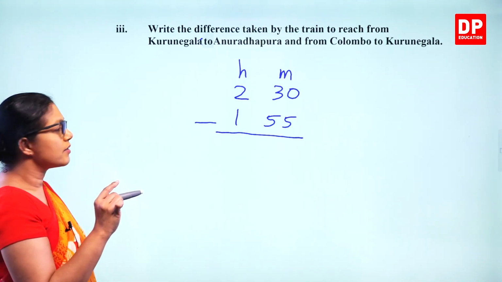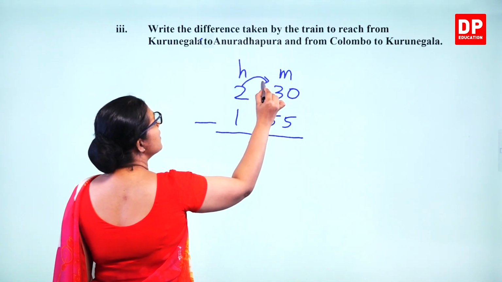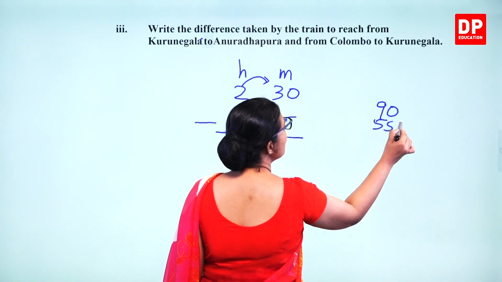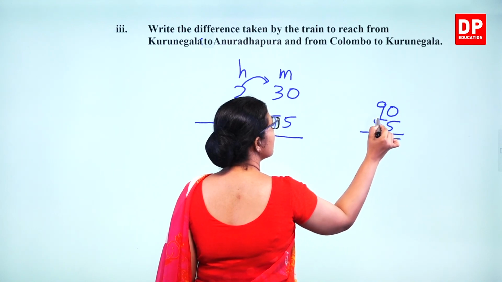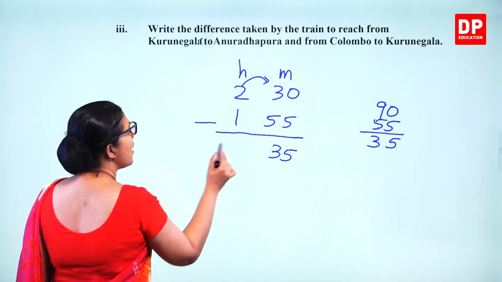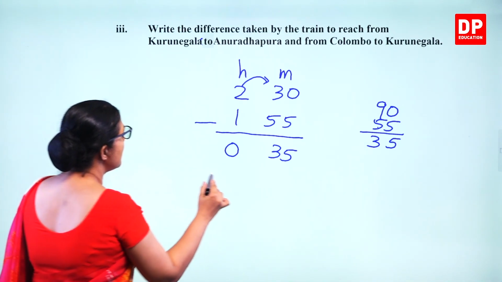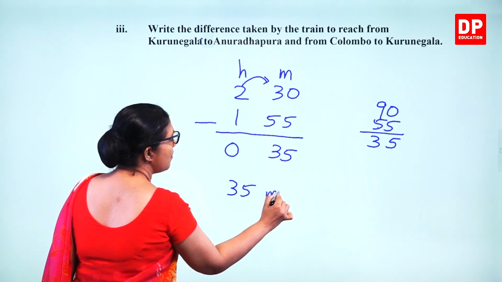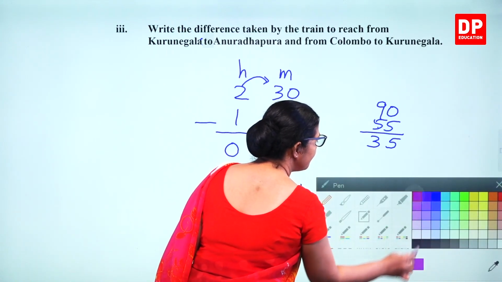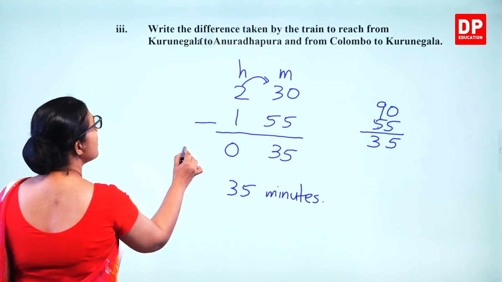You can't subtract 55 from 30, so we have to take 1 hour, that means 60 minutes. 60 plus 30, 90. 90 minus 55 is 35. The 2 becomes 1, 1 minus 1, 0. So the difference is 35 minutes. So how many marks? 3 marks for that.